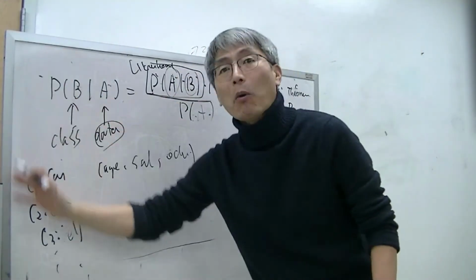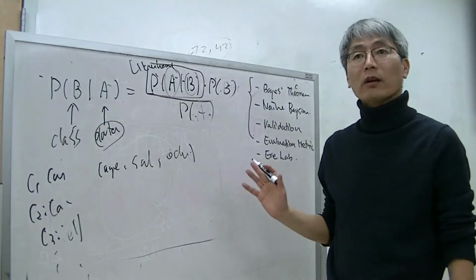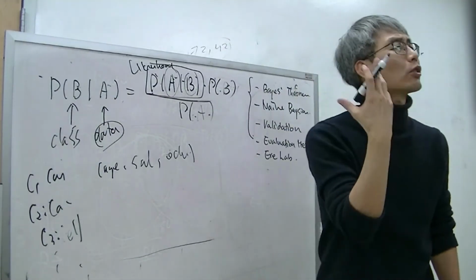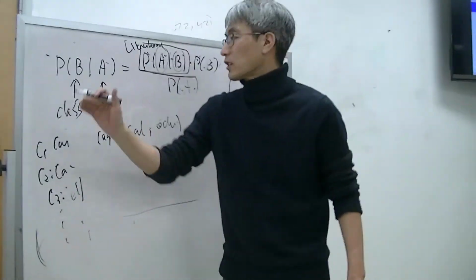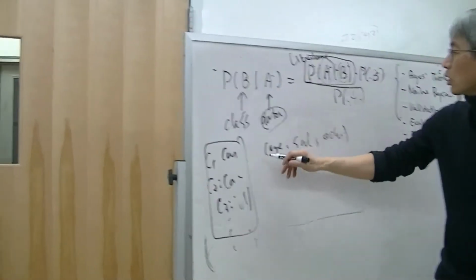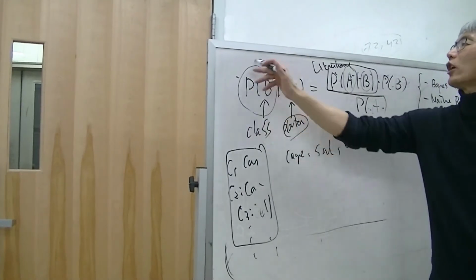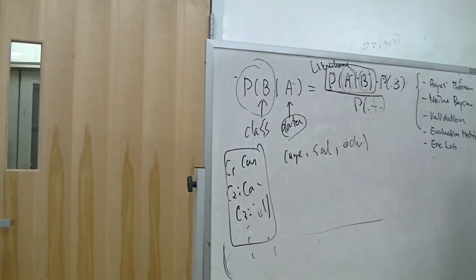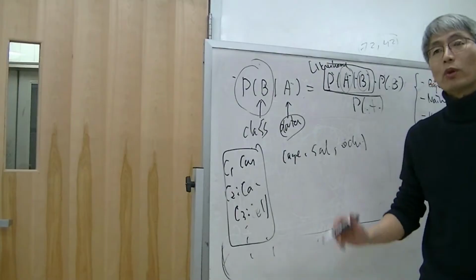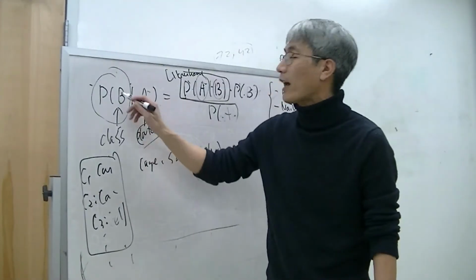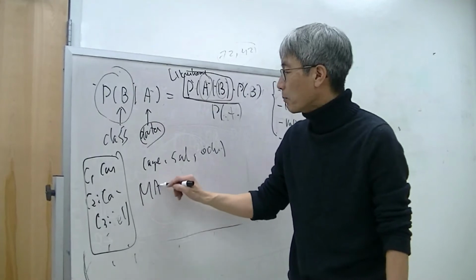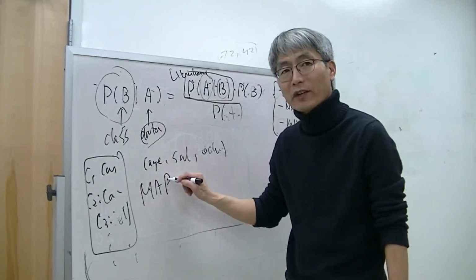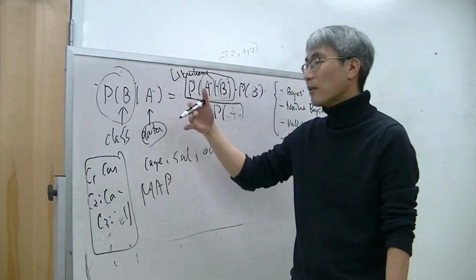But in classification in data mining, the class is not just two. We are going to use binary classes, but it can be extended. So can we measure the probability? Then later we will use this output for classification. This is called the MAP, maximum a posteriori.